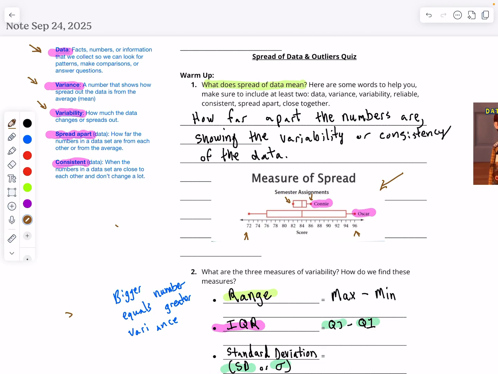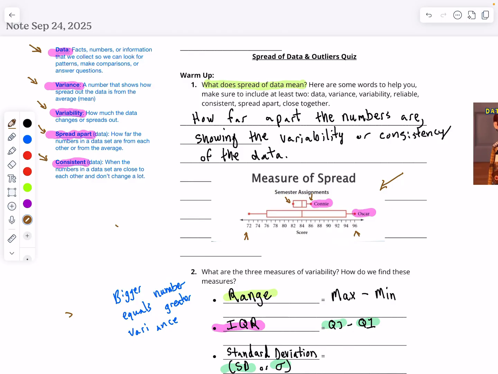We have spread apart, how far the numbers in the data set are from each other or from the average, and then consistent. That's when the numbers in the data set are close to each other and don't change a lot. So you can see Connie's data is very consistent.